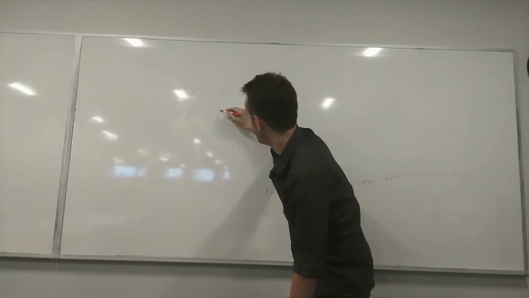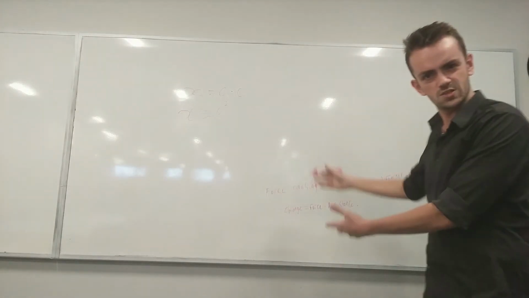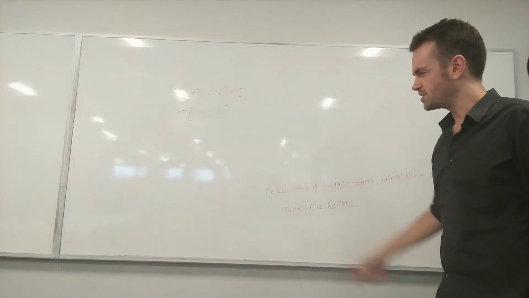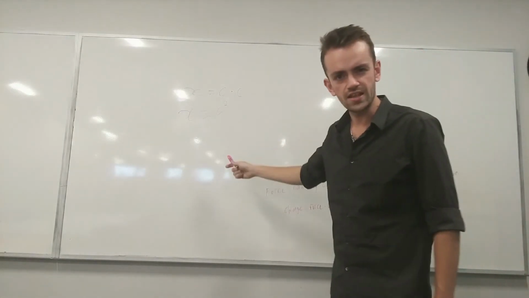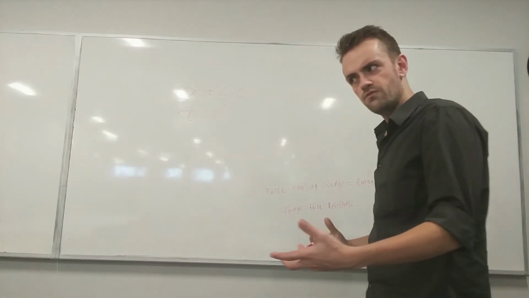Or x equals c squared. Oh, see, I just kind of calculated the speed of the force of light. I realize that it's already been calculated. Einstein already did that, but the fact that I got there on my own kind of validates my theory.